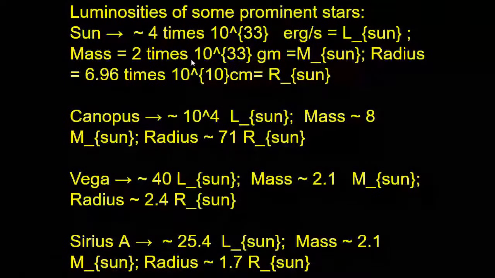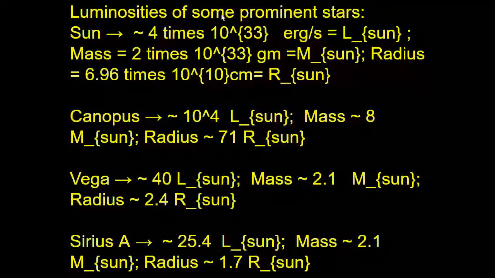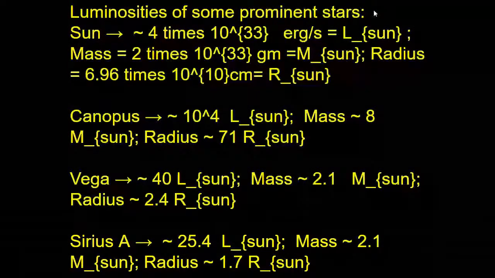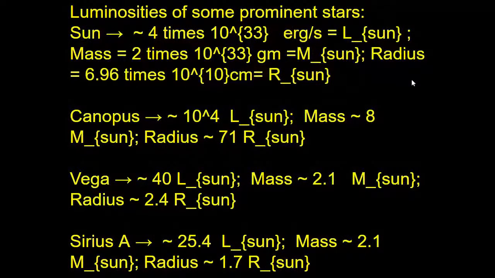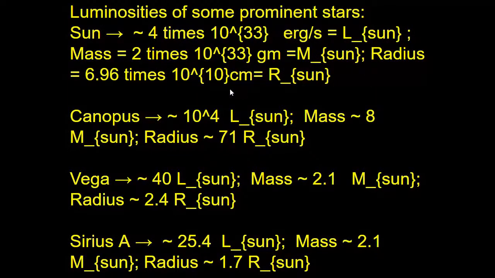And in fact, here is a slide which gives the luminosities of some of the prominent stars. All right. So let me go slow because this slide is being shown for the first time to you all. So the nearest star to our Earth is Sun.